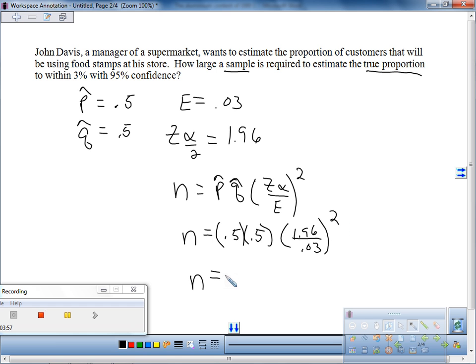And so what we end up with here for sample size is 1067.1, and it repeats. But remember, we always have to round up on sample size, so we need to get 1068 people. That's how many people we need to talk to and see if they use food stamps at the store.